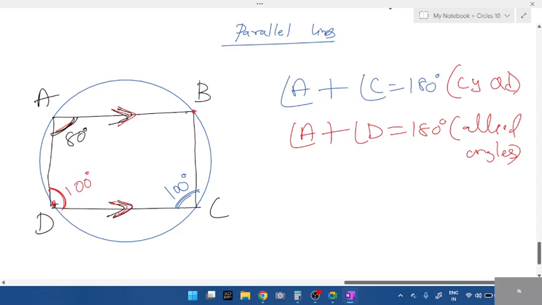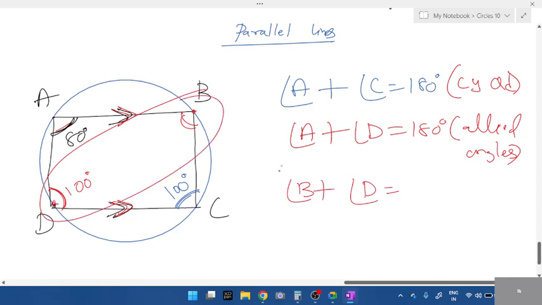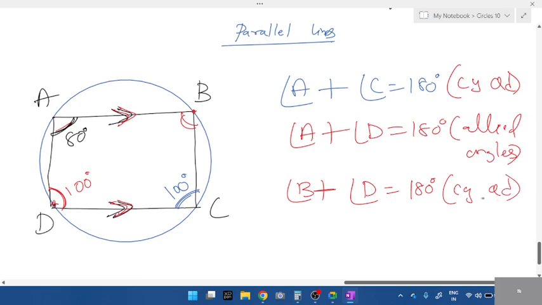So angle B, you can use two concepts. Either you can take angle B plus angle D. How are they related? Which concept? Opposite angles of a quadrilateral. Or I can write angle B plus angle C. How are they related?